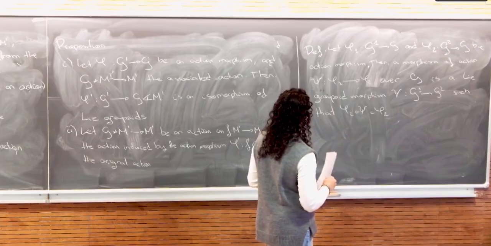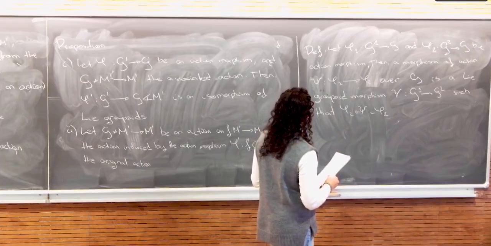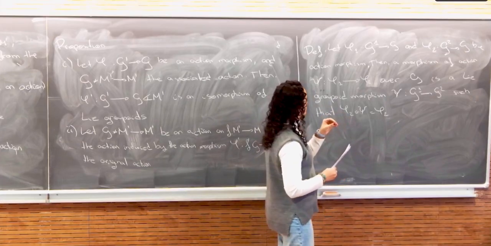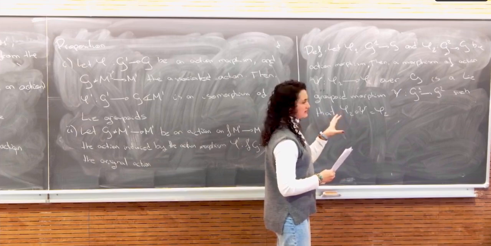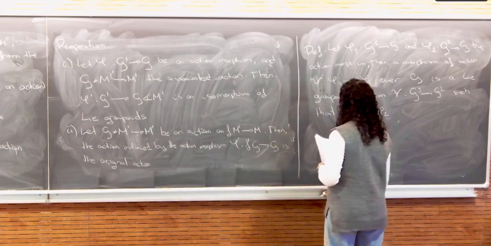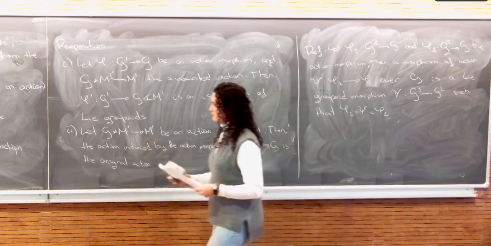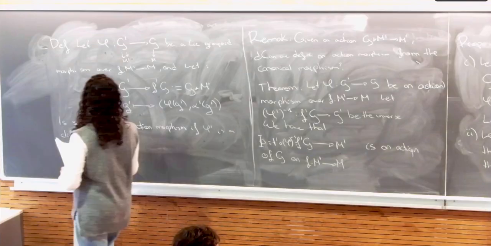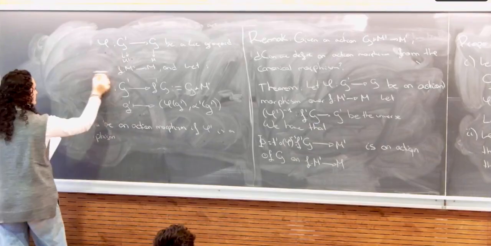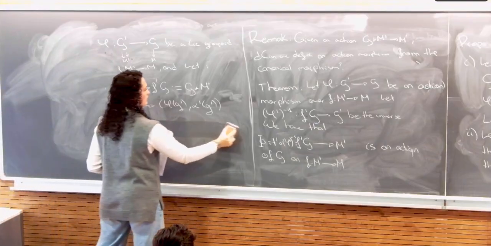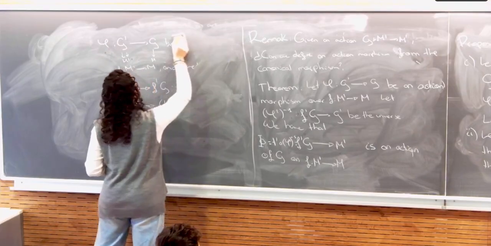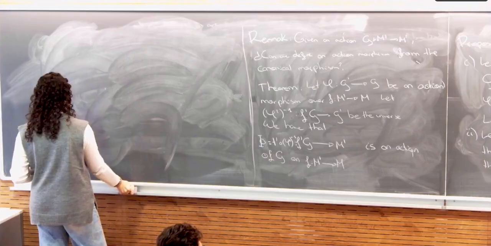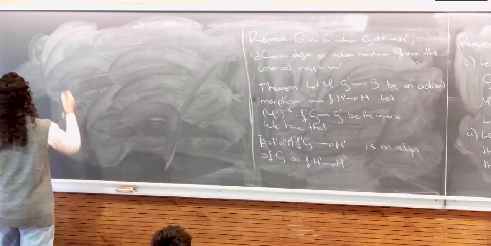So now we are going to compare the actions that the different action morphisms define by this type of morphism. The same way we did with the intrinsic definition, we're going to think about what happens if we begin with a natural groupoid action.